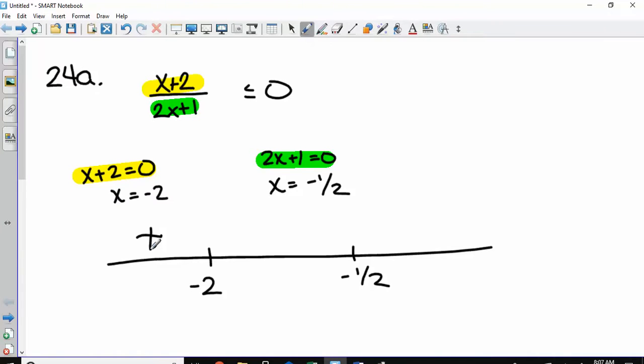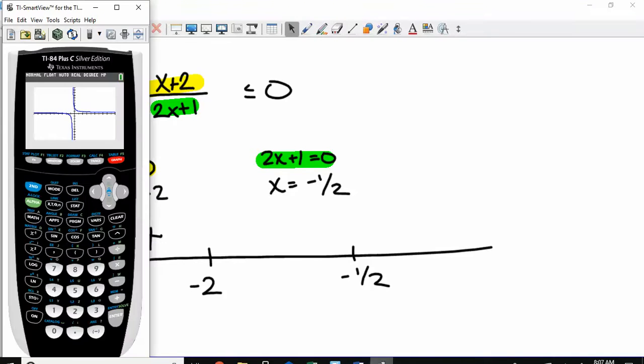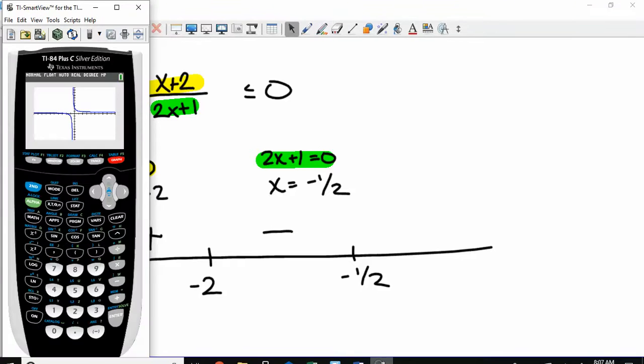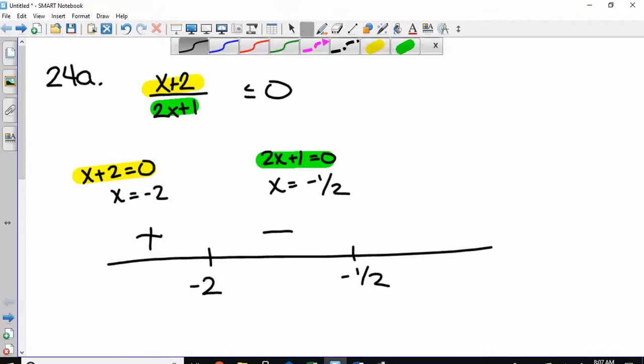So until I get to -2, my graph is positive. The -2 and the -1/2 are when we're going to switch. So after -2, what happens to my graph? It goes down to negative. And after -1/2, we had a vertical asymptote. That's why it just jumped up here. But this whole section of the graph is positive.